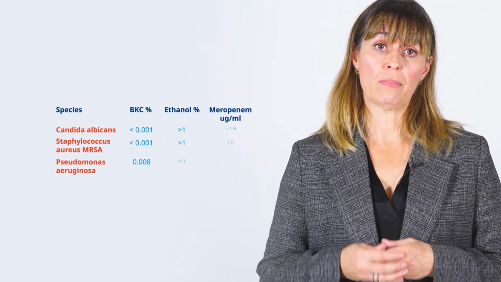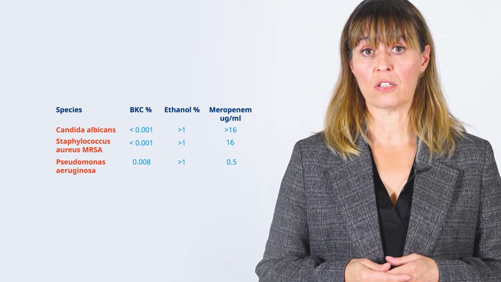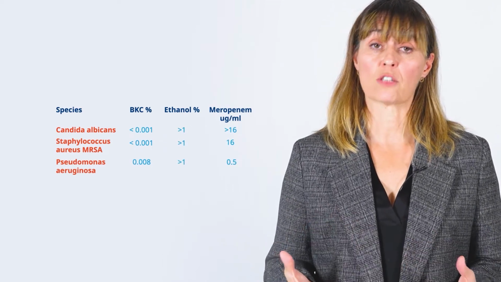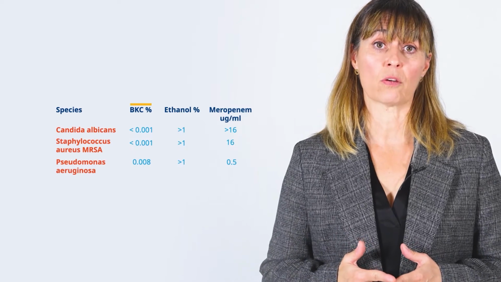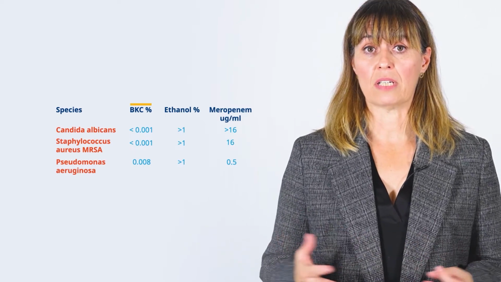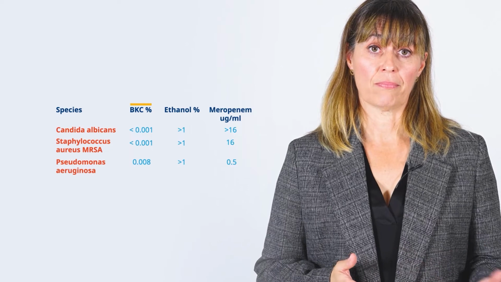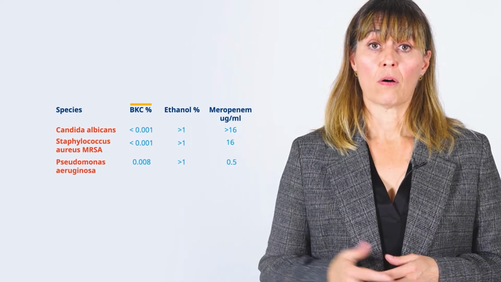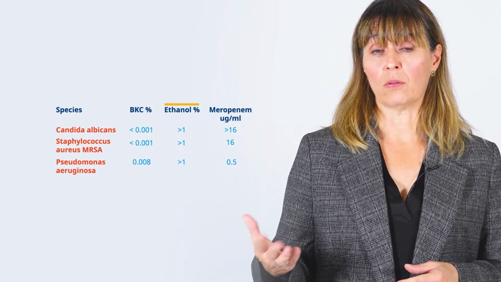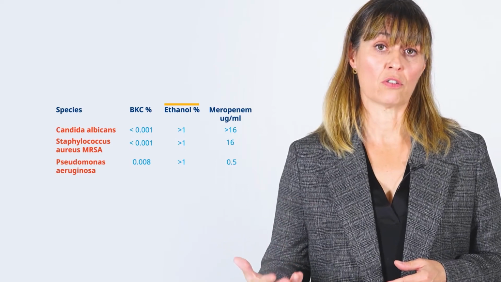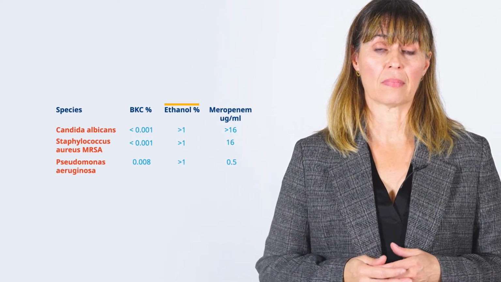And what we could observe in terms of minimal inhibitory concentrations was that extremely low concentrations of benzalkonium chloride were necessary to control these microorganisms. Also compared with ethanol, where much higher concentrations were required. Slightly higher concentrations can be required to control Pseudomonas aeruginosa.